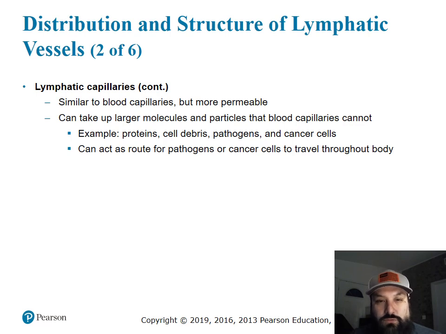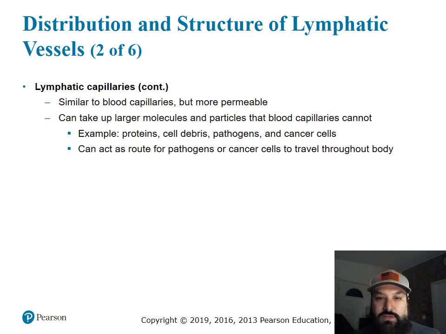Okay, so some similarities that we talk about here when we compare lymphatic capillaries to blood vessels, and some differences as well. But as far as their similarities, structurally almost exactly the same, but they are more permeable, which means they do allow for more intake of things into the capillary itself.